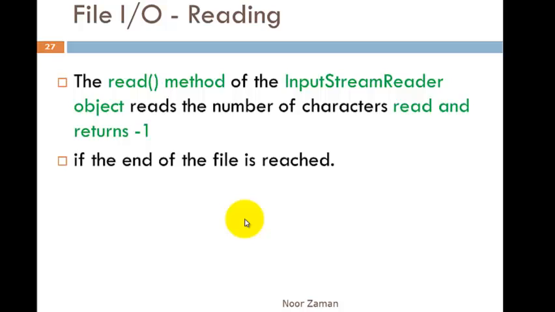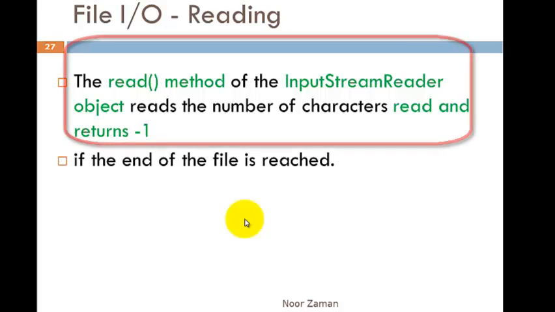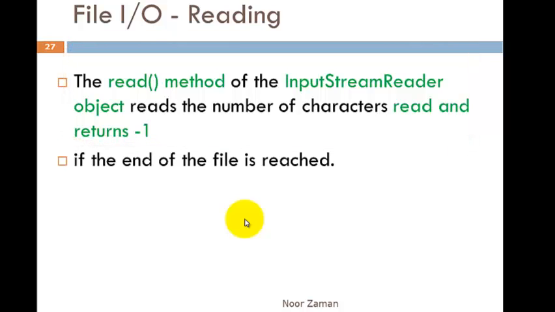If you remember, for writing we were using the write method, the flush method, and the close method. Now for the reading purpose, we need the read method, and the read method of the input stream reader object reads the number of characters and returns the value -1. -1 means that the file has ended, all of it is finished, and whatever data it contained has been read by the application.